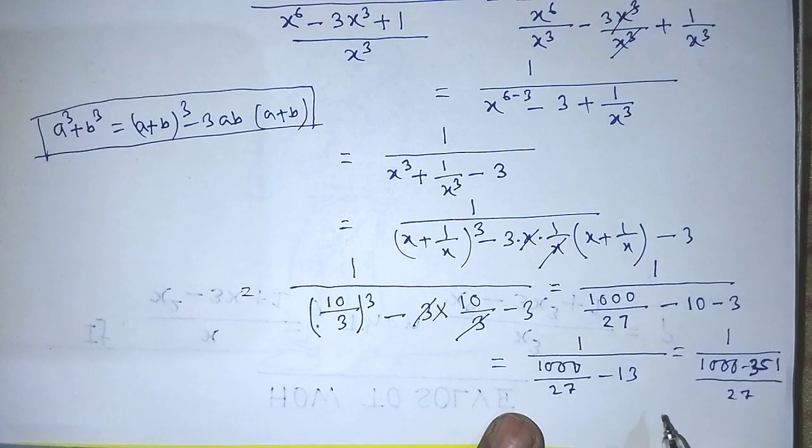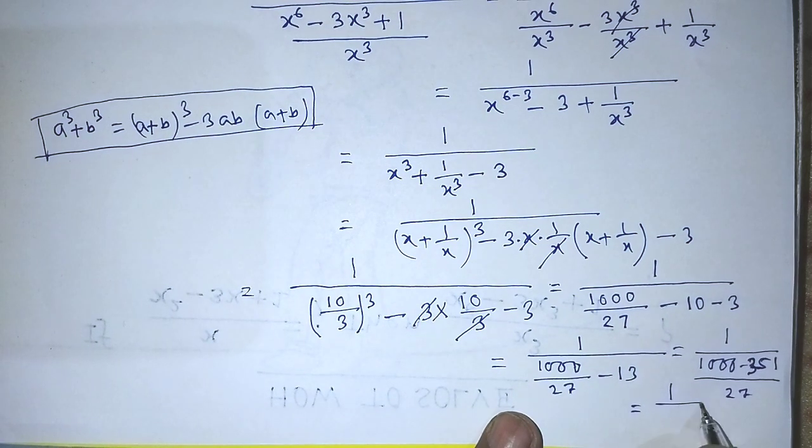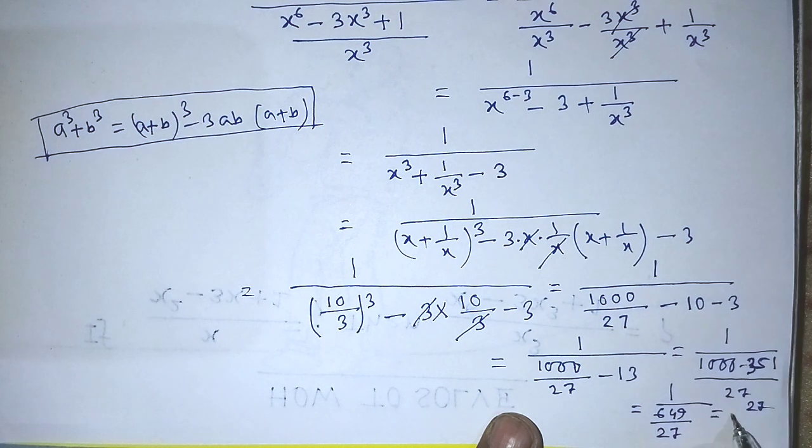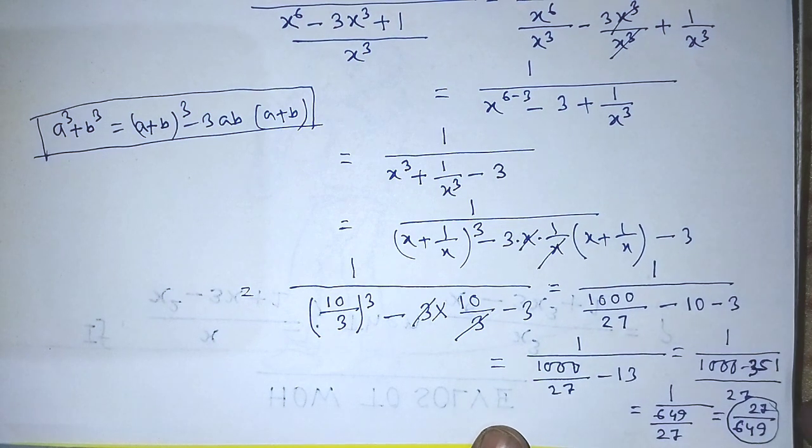So it will be 1 over 649 over 27. So we can write 27 over 649. So this is our final answer. So students, our answer is complete.